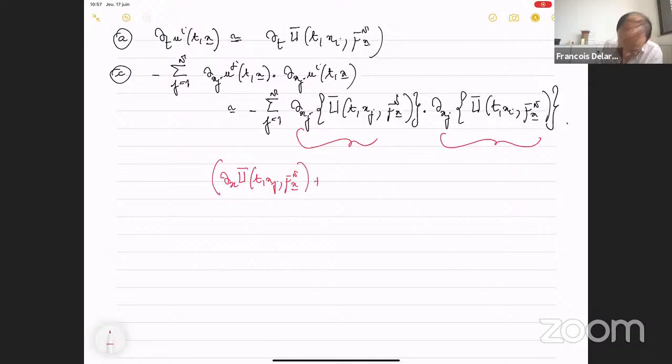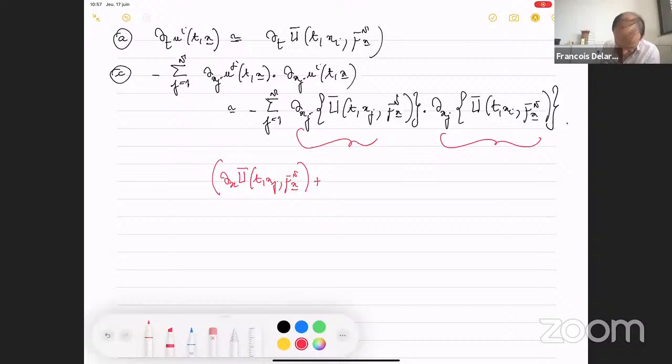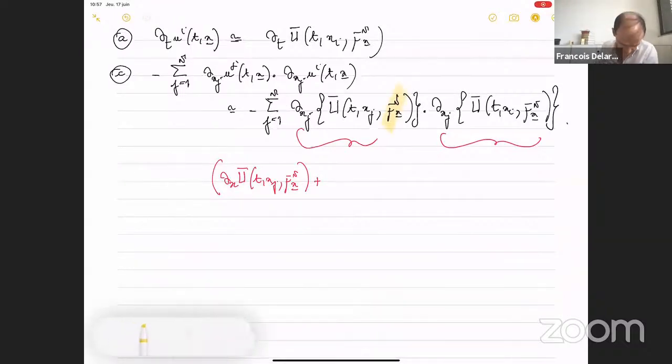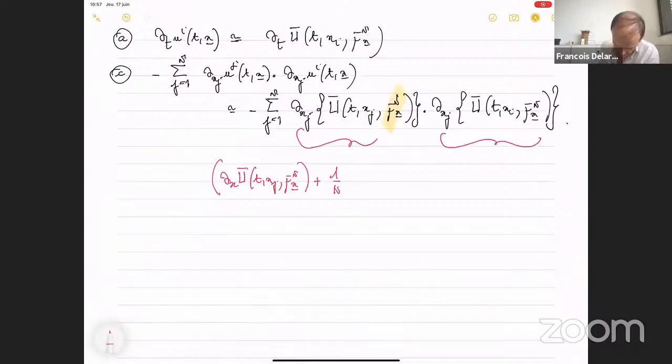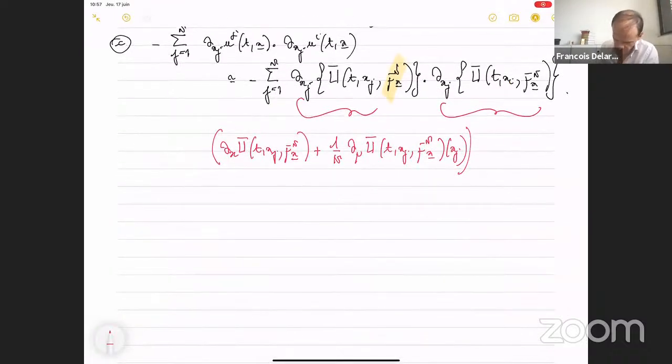And then I need also to take the derivative in the measure argument. If you remember what we did yesterday, we get 1 over N d mu u underline t xj mu bar N x underline xj. So you really use the computation on the space of probability measures. And then this is an inner product.